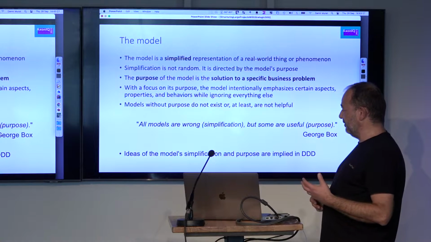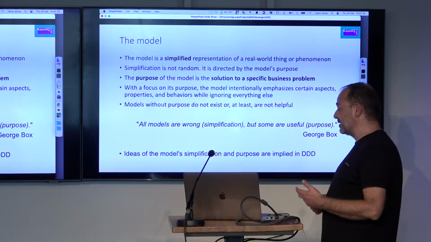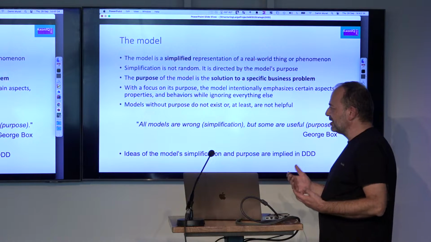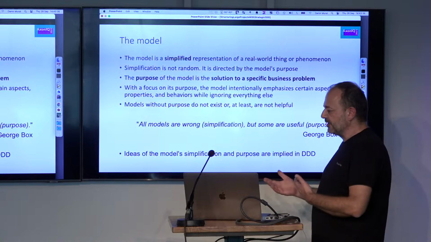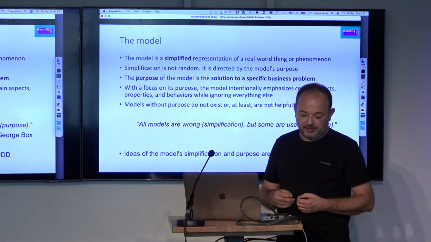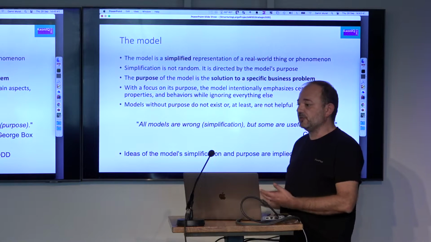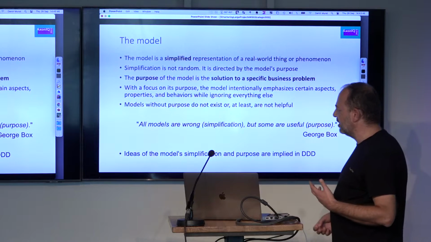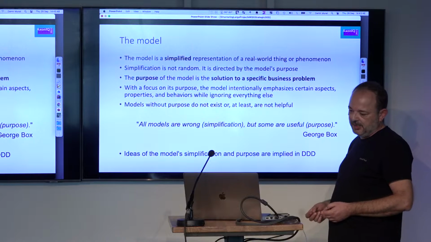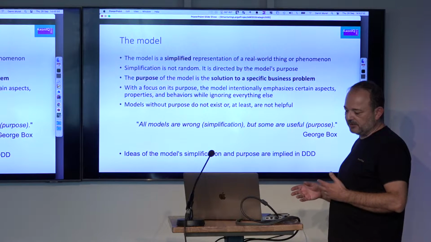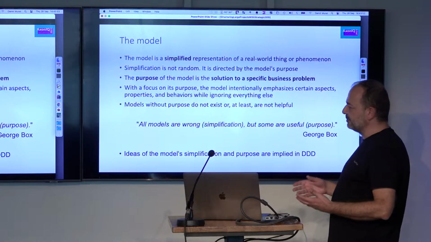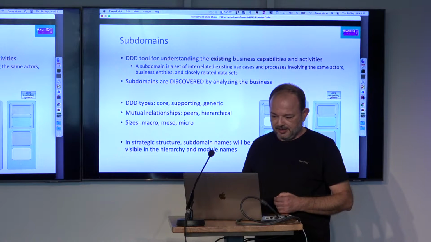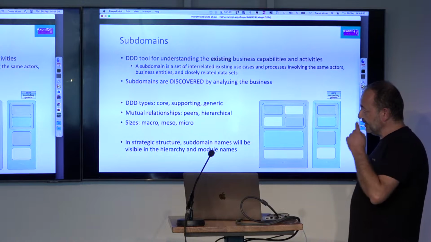So only with a focus on its purpose is a model able to simplify anything, because without that purpose, it simply does not know which properties should be emphasized and which should be ignored. So models without a purpose are not really that useful. And that idea about the strong connection between model simplification and purpose is actually implied in DDD. So let's start with subdomains.